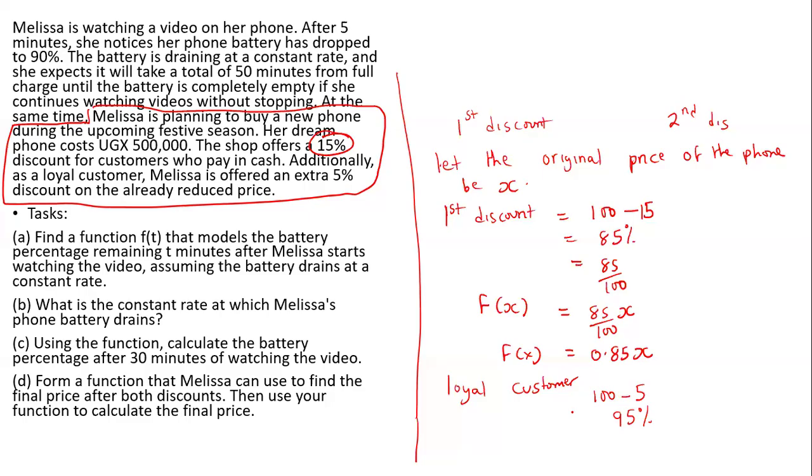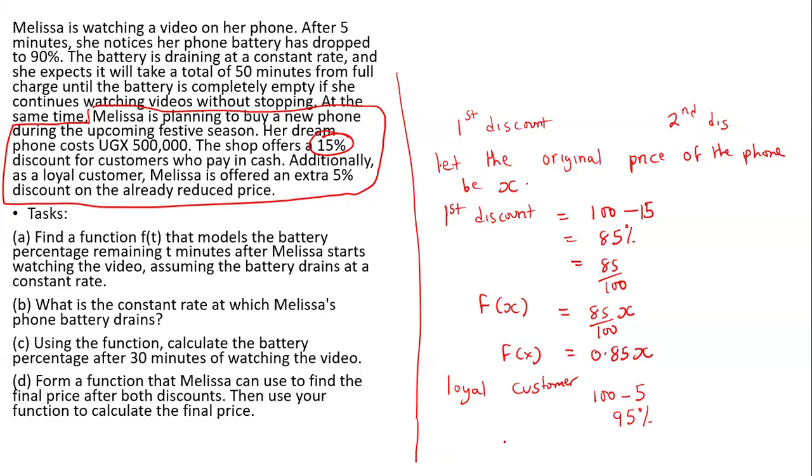Because here, they want us to find the final price for the commodity, so it will be 95%. I hope that is okay to everyone.